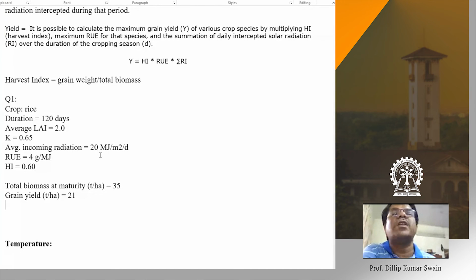Because we have no concern about the total radiation. So that's why you are multiplying by 0.5, dividing by 2, because we assume that almost 50% of the total incoming radiation is photosynthetically active radiation, that is within the range 0.4 to 0.7 micrometer or 400 to 700 nanometer. Could you get me? Yes, sir.